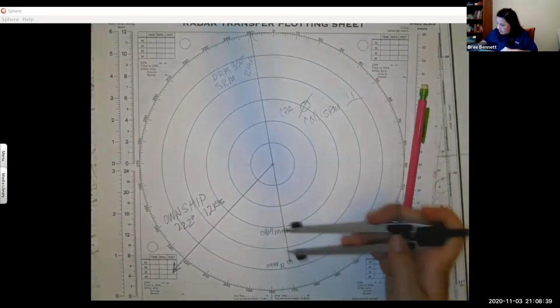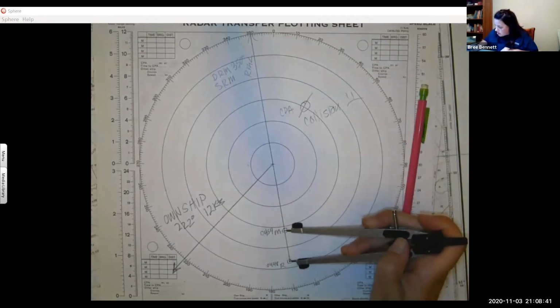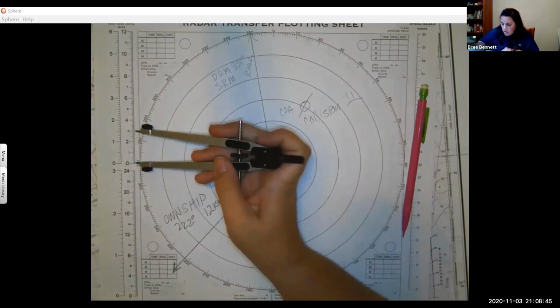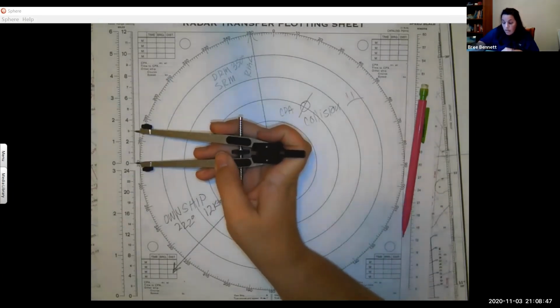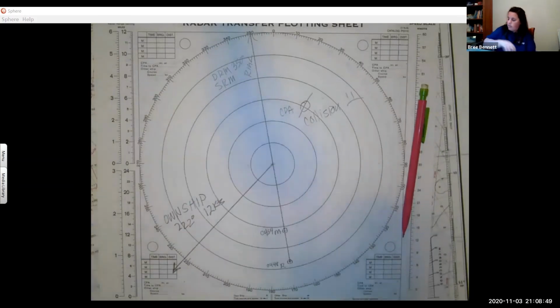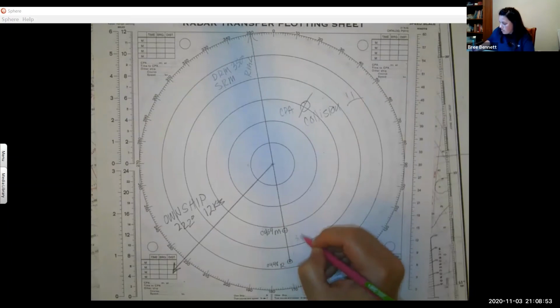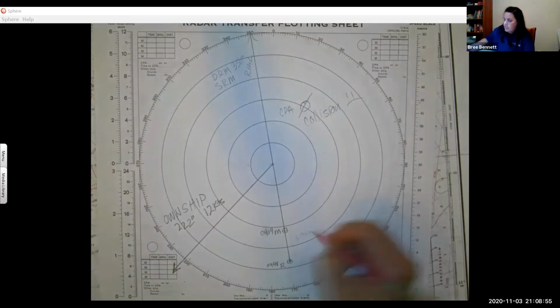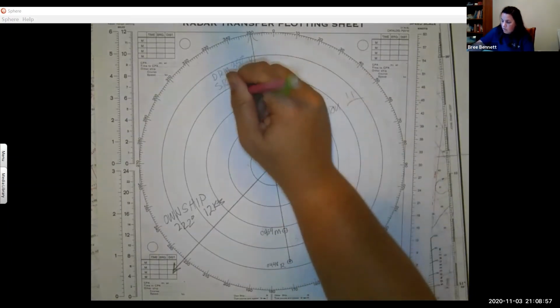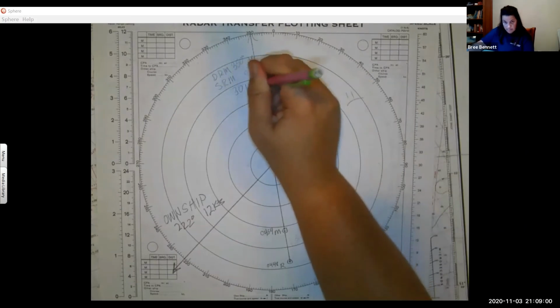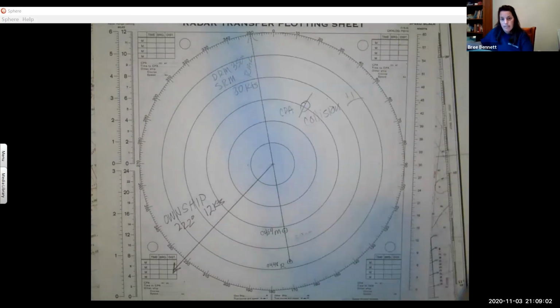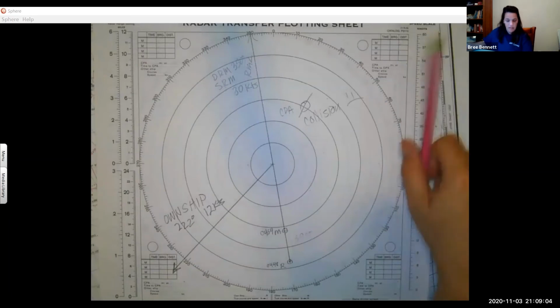Our speed of relative motion is going to be 3 knots, or the distance here is 3.0 nautical miles. So our speed of relative motion would be 30 knots. So it's happening pretty quickly.